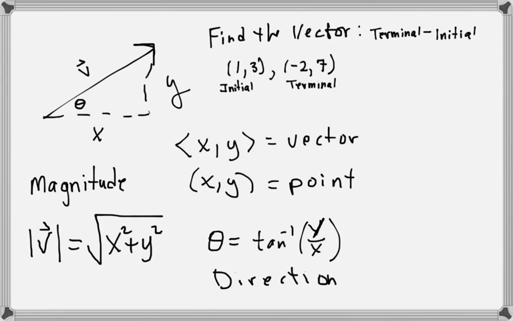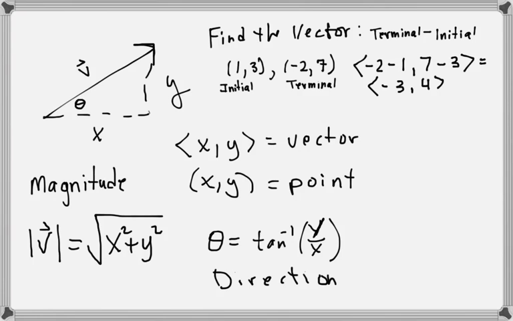Okay? And so in this case, to find the actual vector, we'll say terminal point, so this is negative 2 minus 1, and the other part is 7 minus 3, which turns out to give me negative 3, 4 as my new vector.